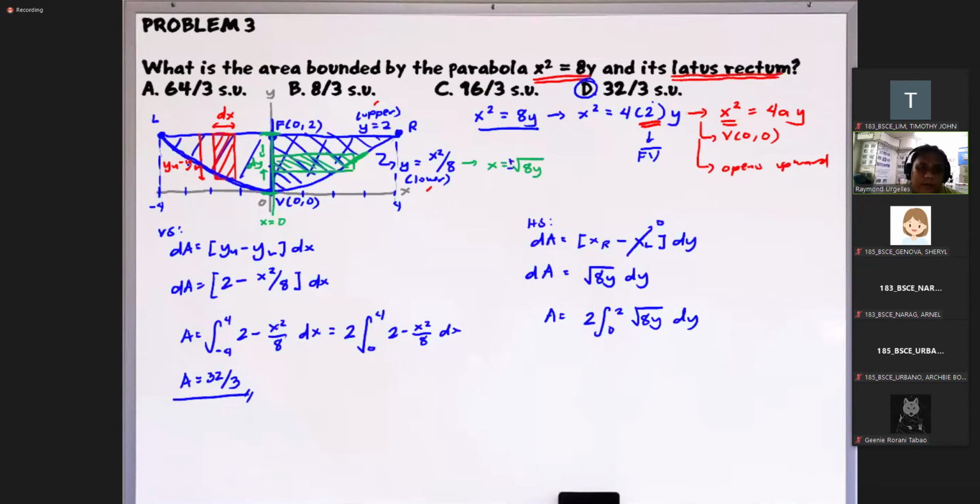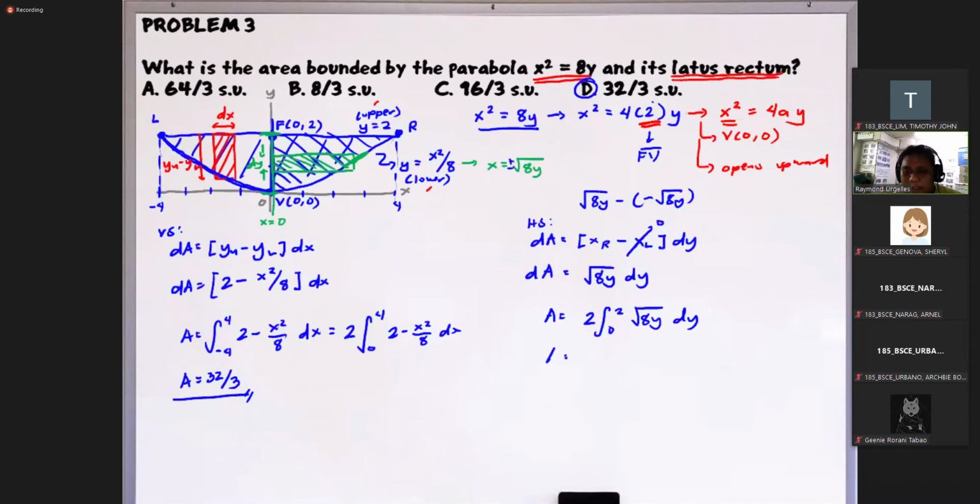Pag binuo natin to, you will get positive square root of 8y sa kanan, negative square root of 8y sa kabila. Kaya pag in-apply natin yung equation, magiging siyang ganito. You will get 2 square root of 8y. Pag finactor out mo yung 2, ganito rin yung kalalabasan. Kaya pwedeng kalahati na lang consider nyo, then multiply nyo lang ng 2.